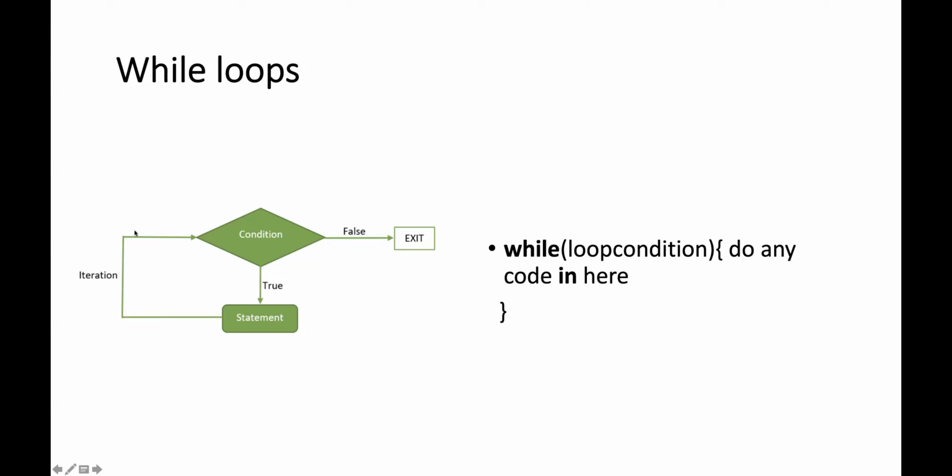And here on the right hand of the screen, you can see how we are writing a while loop in R. You have while, and again your parentheses in here. Inside, you have your loop condition, and then you write any code for the while loop.